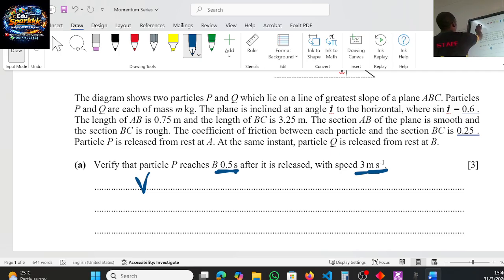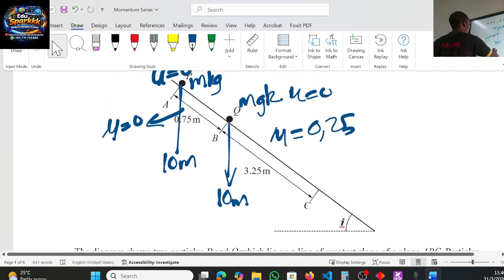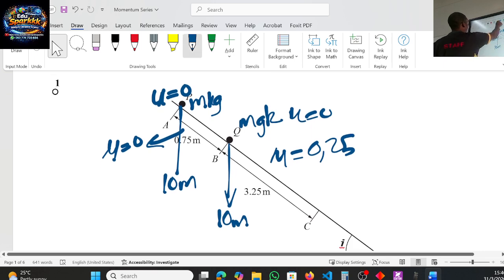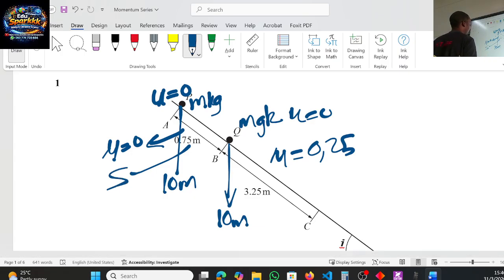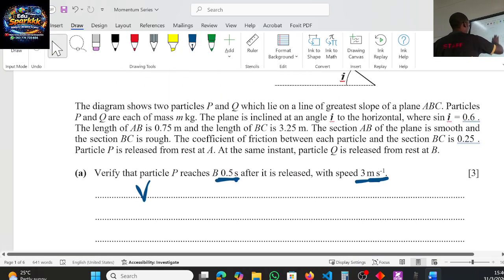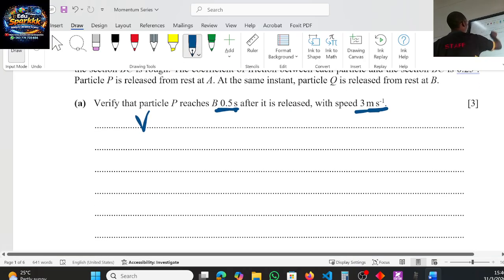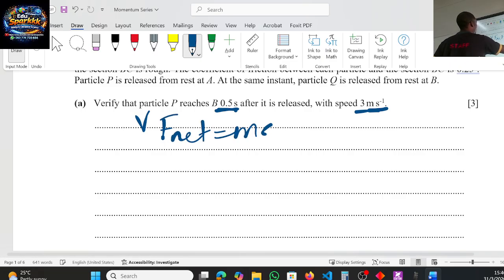Let's come back to the question here. We have u, which is 0, and we also have s. I think the only thing missing is acceleration, and to get acceleration, we will need Newton's second law. Let's check what it says: F net equals ma.